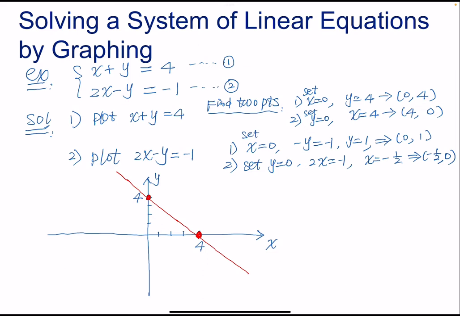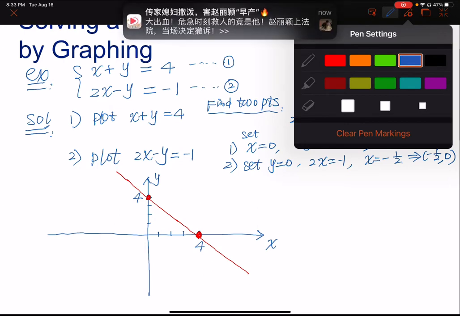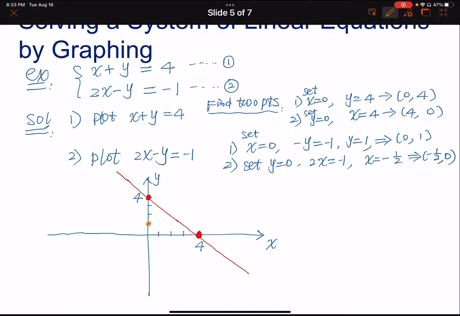So let's plot those two points. (0, 1) would be this point. (Negative half, 0) would be this point, because here is negative 1. So this is the second line, and this is the first line.